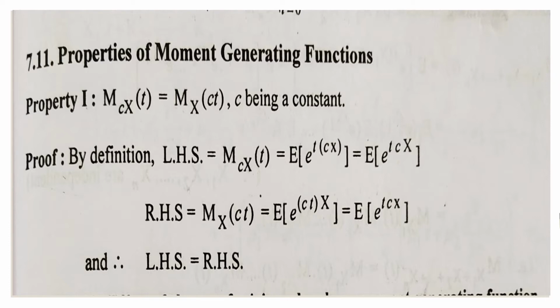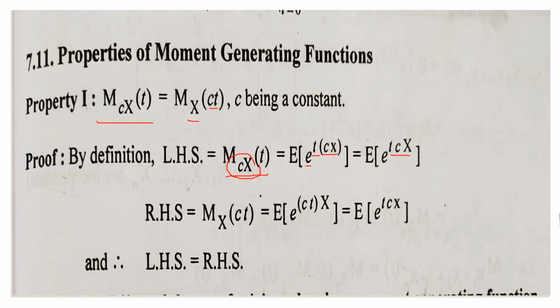Property number one: the moment generating function of cX at t is the same as the moment generating function of X at ct, where ct is the parameter. So we will solve both sides, left hand side and right hand side. First of all, we take the left hand side. What is the definition of moment generating function? Expectation of e^(tX). So instead of X, here it is cX, so it becomes e raised to power tcX.